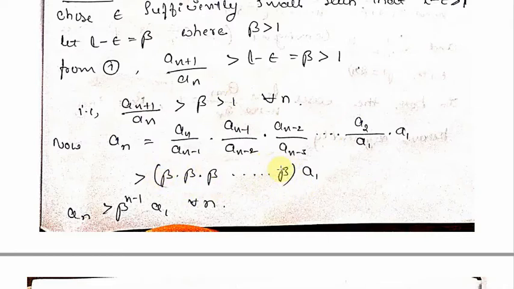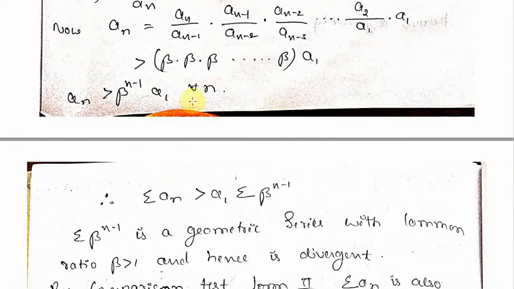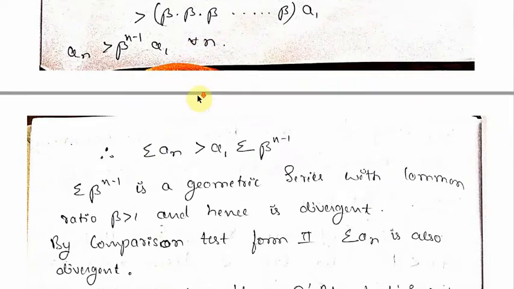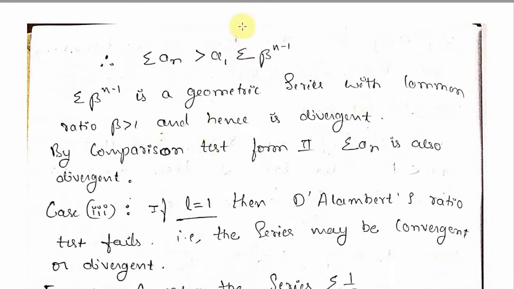So, this product gives rise to beta to the power n minus 1, and so we have a_n is greater than beta power n minus 1 into a_1 for all the values of n, or sigma a_n is greater than a_1 into sigma beta power n minus 1. And here the series in the RHS, that is sigma beta power n minus 1, is again a geometric series, and here the common ratio is beta, which is greater than 1.